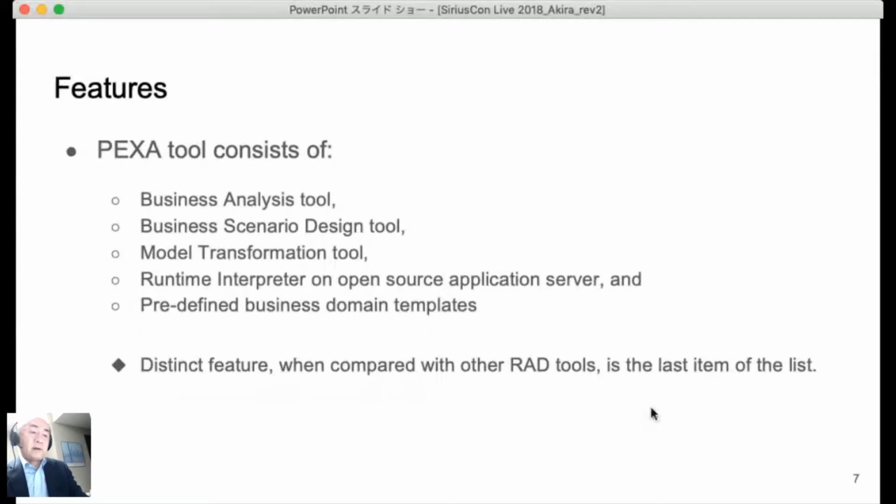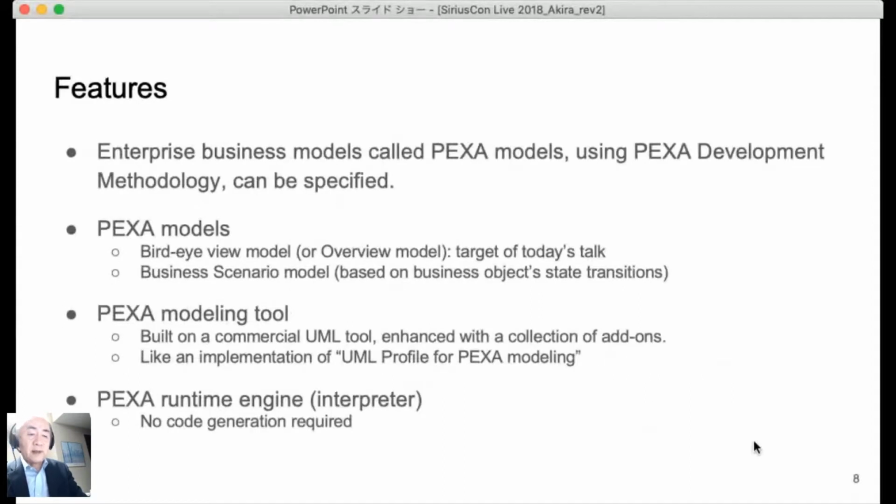There are several aspects of Pexa, which are methodology, tools, and models. There are two types of models. This one, the bird's eye view model or overview model, is the target of today's talk.